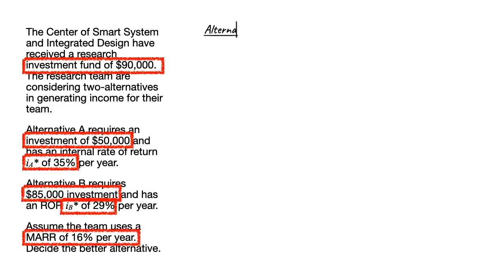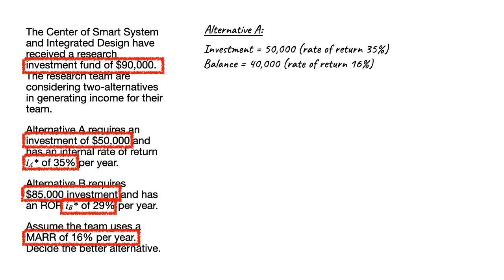For example, in Alternative A, if we use up $50,000 for the initial investment, the remaining balance of the fund, which is $40,000, will be invested at the company's minimum rate of return of 16%.